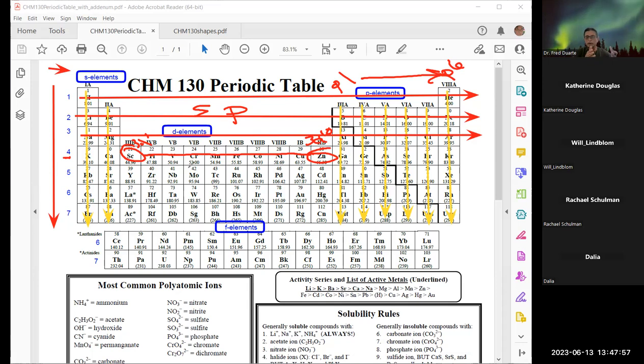But we don't have to worry about the d orbitals until you get to element number 21. So prior to that, in the third energy level, you're just using the 3s and the 3p's, okay? Now, with the fourth energy level, you start with potassium, you've got 4s1, 4s2 as you go across to calcium.